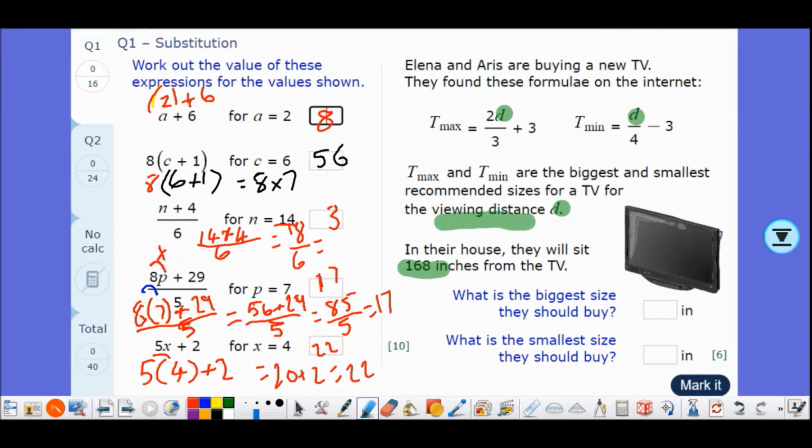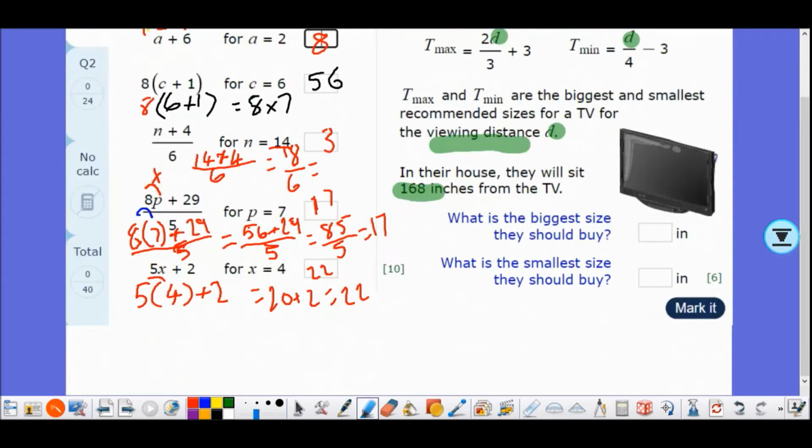Okay, so if I'm thinking how I'm going to write this down, let's write the first formula out for a start. So I've got the T max is going to equal 2 times the distance they give me, 168, divide by 3 plus 3.